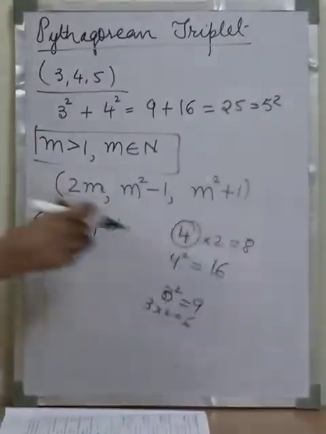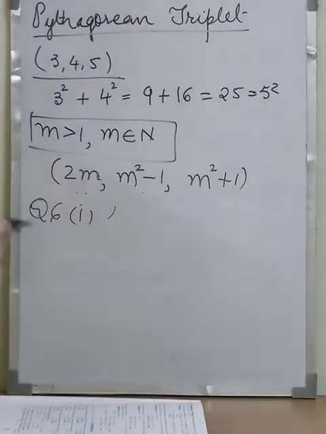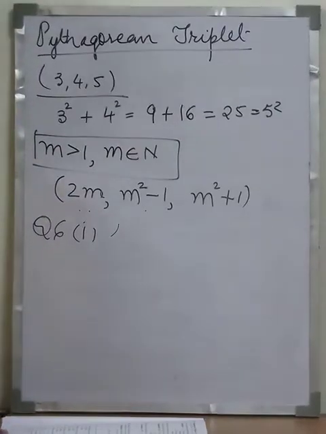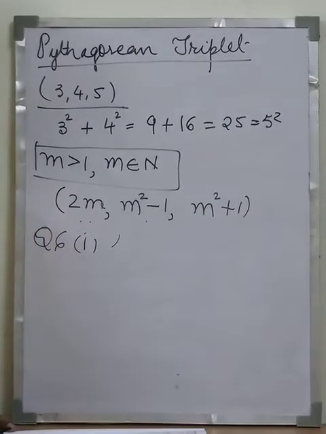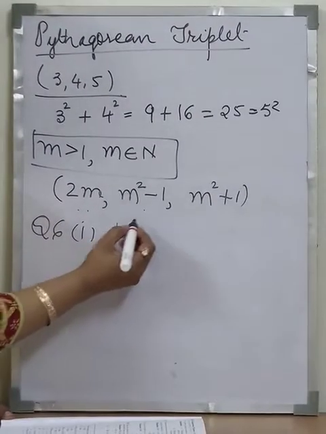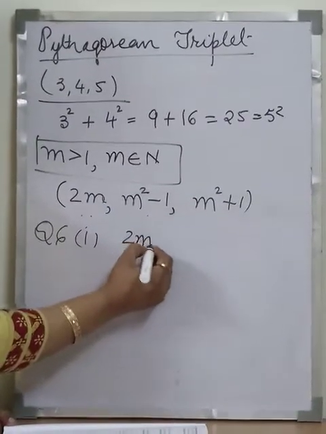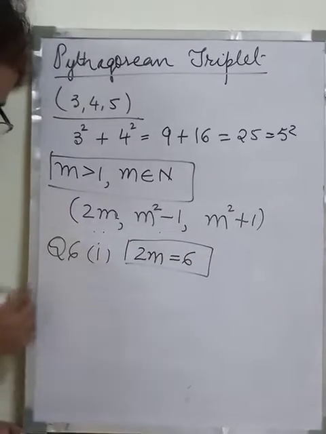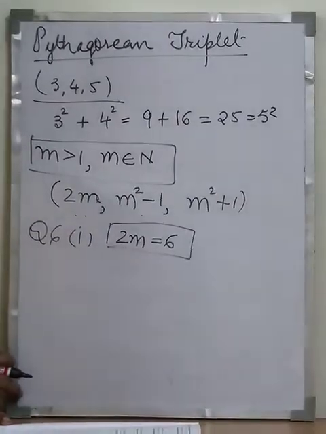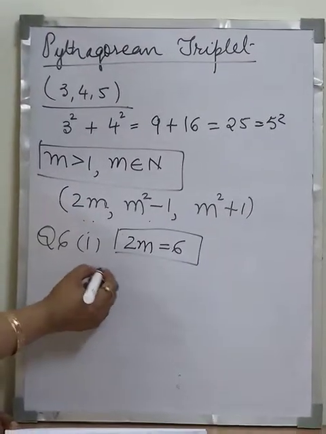So the smaller among these three is 2m. Okay, so in question number 6, they say write a Pythagorean triplet whose smallest number is 6. That means 2m is equal to 6, and we are looking for the Pythagorean triplet.